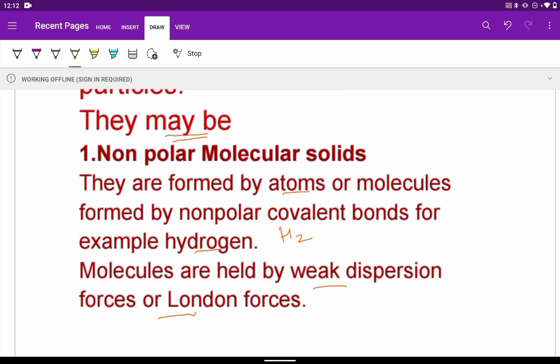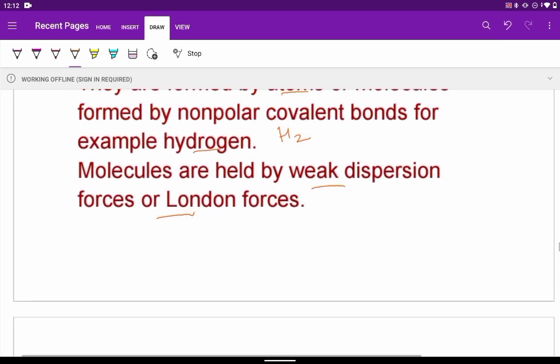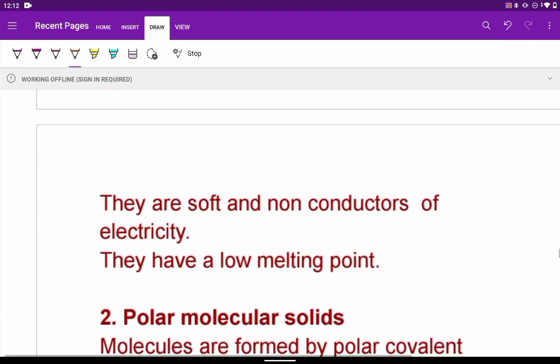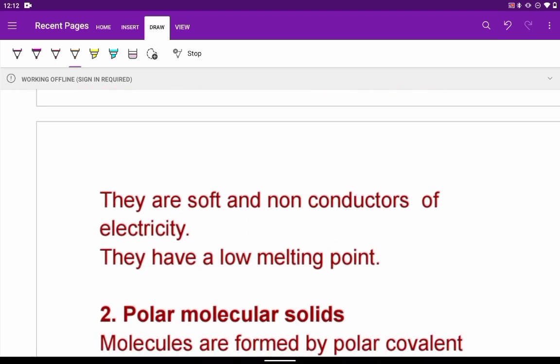These solids are soft in nature and they are non-conductors of electricity. They have a low melting point, and usually they may be found in liquid or gaseous state at room temperature and pressure.